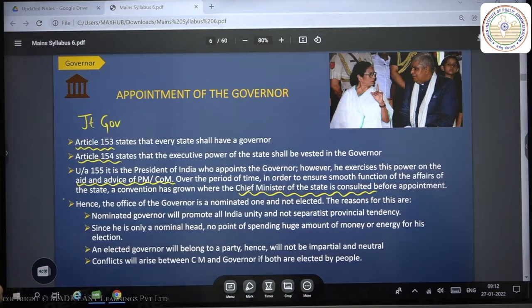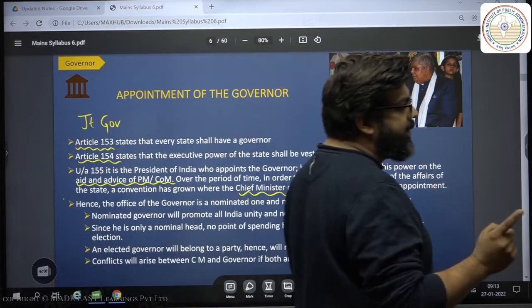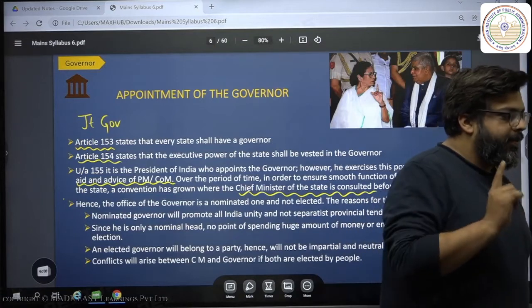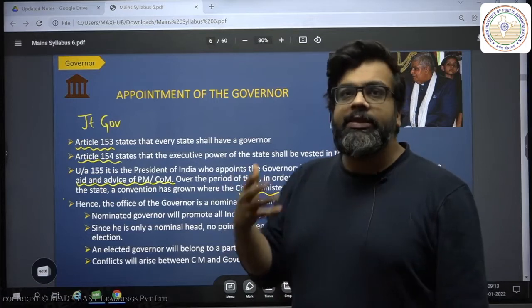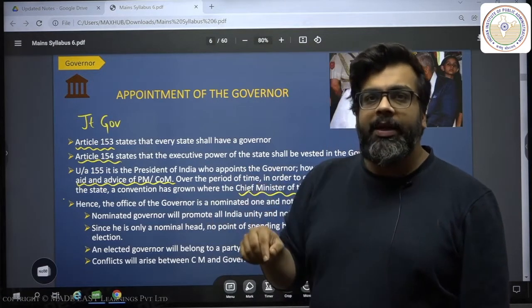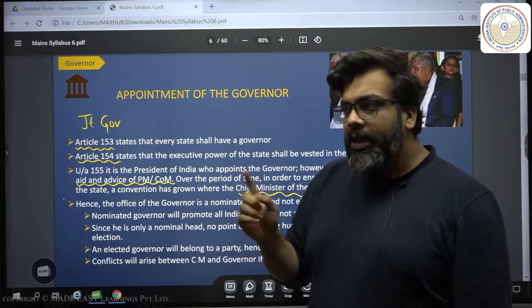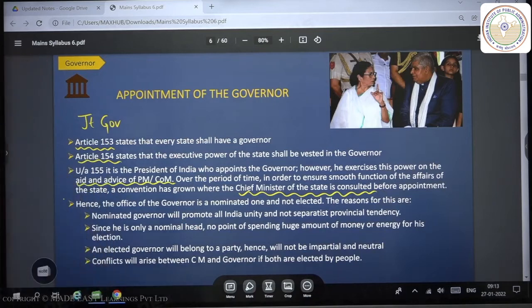Now, therefore, what do we understand? That the office of the governor is technically a nominated one or an appointed one, but certainly not an elected one. And if you get this question and you have to justify why the governor is an appointed or a nominated post, not an elected one, there are essentially four reasons behind this.